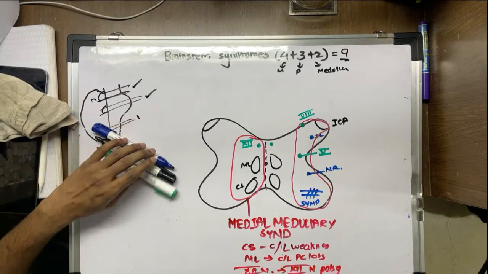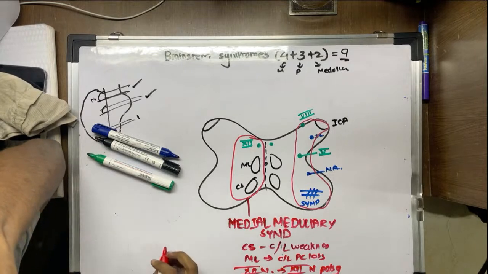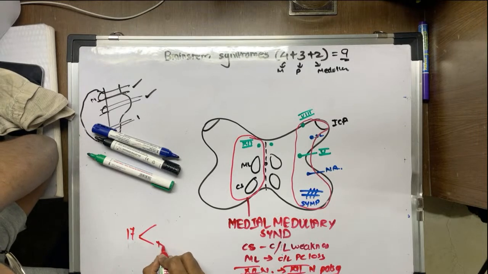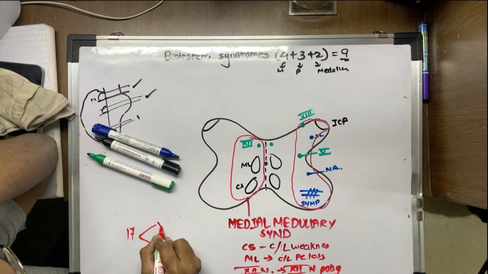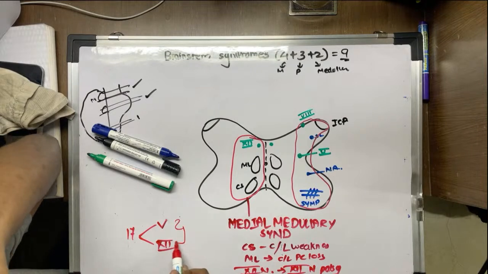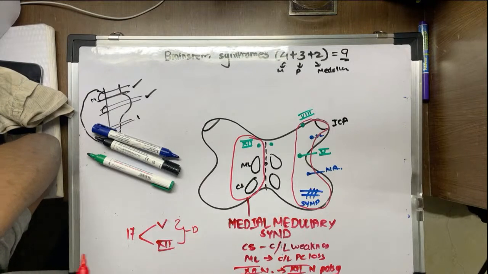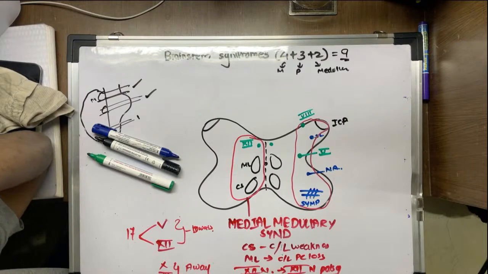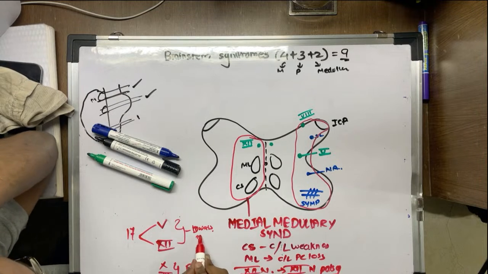Now remember this, there is a rule of 17, where you divide it into 12 and 5. So in this lesion, the deviation of the tip of the tongue will be towards the lesion, and in the 10th and 7th it will be away from the lesion.